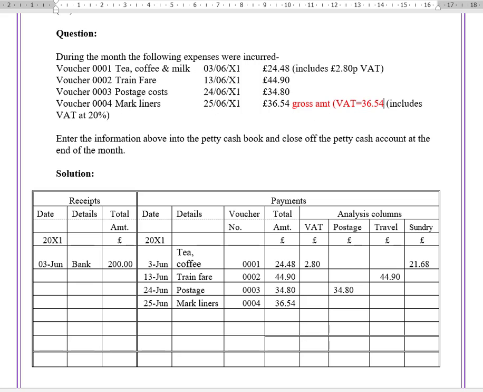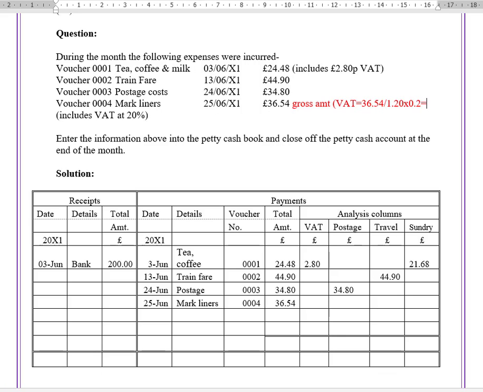You will need to divide your £36.54 by 6, or you divide it by 1.2. So I'm dividing by 6, and that will give me my VAT amount. You can divide by 6, or you can divide by 1.2, then multiply it by 0.2.